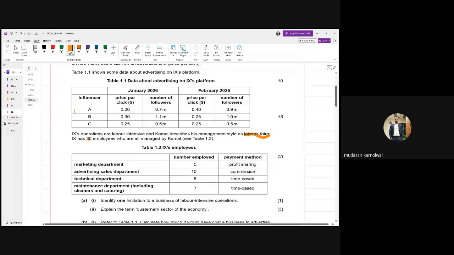So first thing is you can write either that it takes a lot of time, or you can write that it's difficult to replace the employees since it's labor intensive. If you have trained an employee and then he left, then obviously it's difficult to get the replacement. Okay.